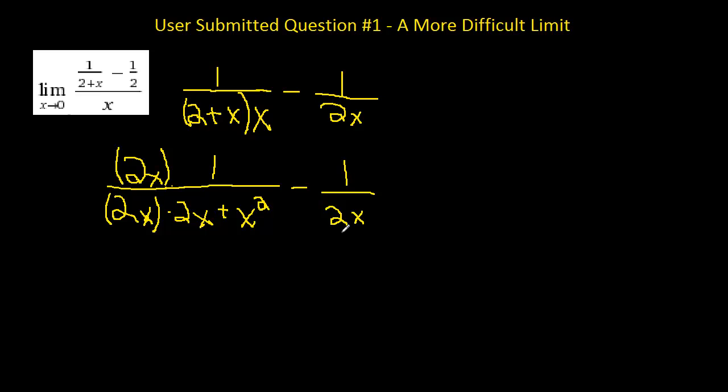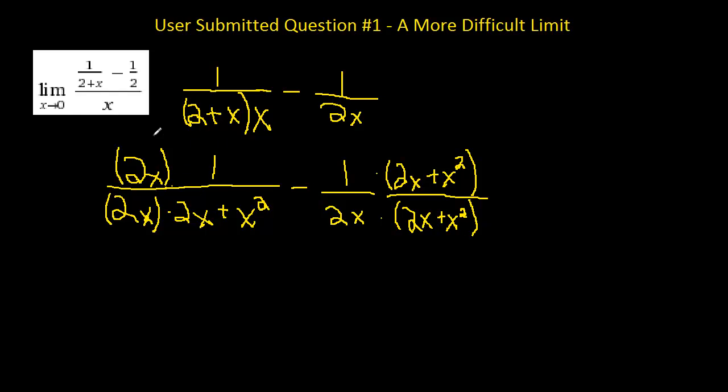And then over here, we're going to multiply by 2x plus x squared on the top, and 2x plus x squared on the bottom. And so you should already be pretty familiar with this. But just to be clear, what we're doing here is multiplying out so we get a common denominator, and then we can simplify. So let's go ahead and do this algebra.